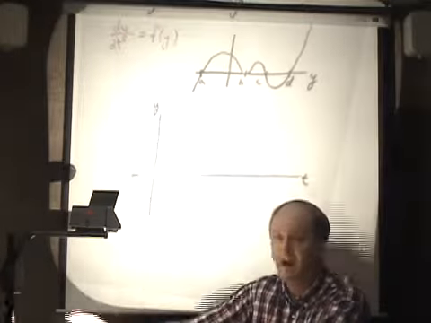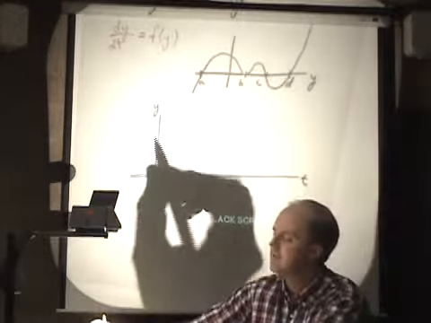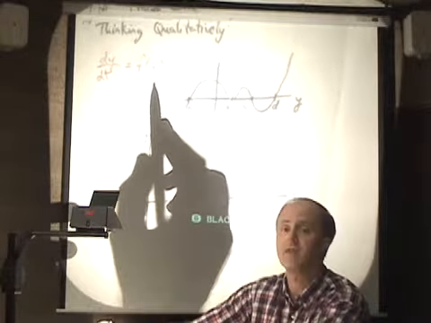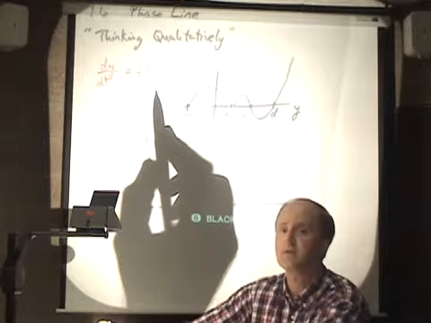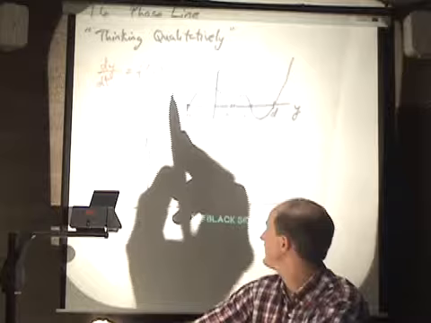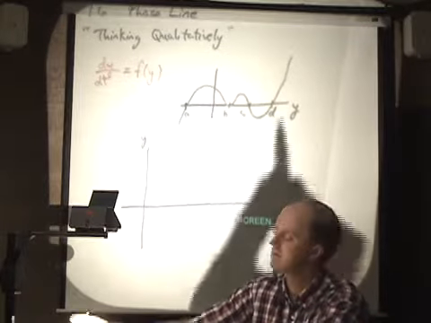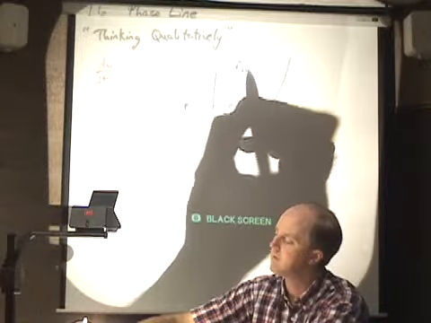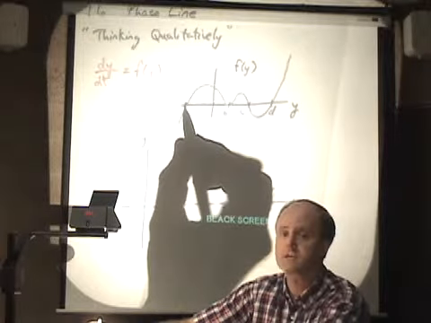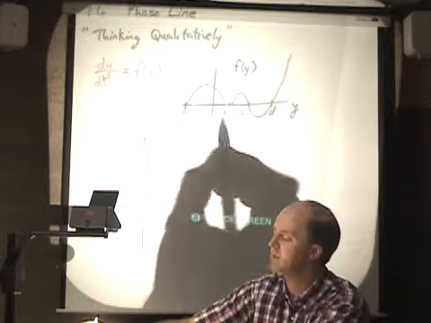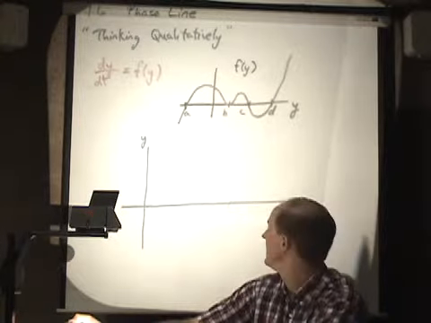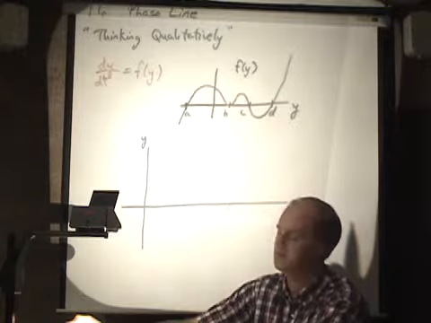Those are constant functions that occur at the values of y that make the right-hand side of the differential equation equal to 0. Based on the graph that I've made over here, this graph of f of y, I know those equilibrium solutions occur at these 4 values of y. y equals a, y equals b, y equals c, and y equals d.